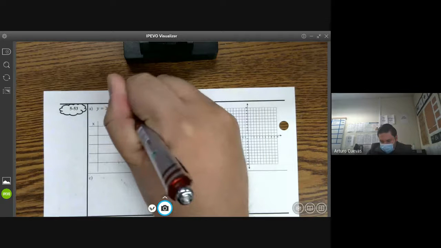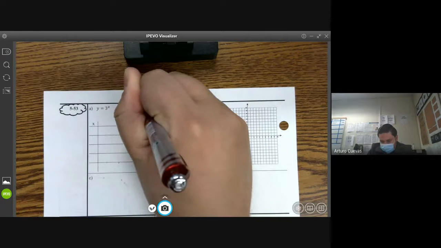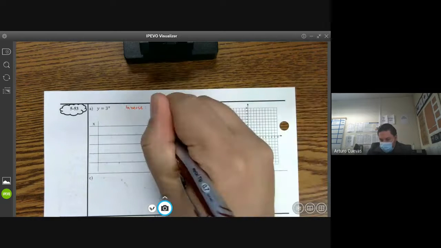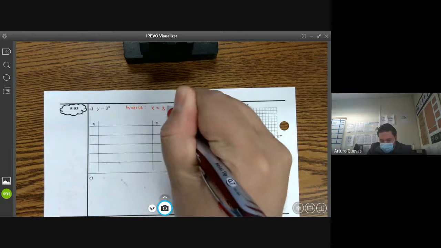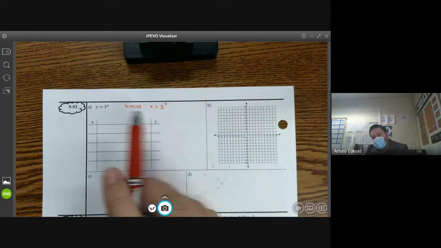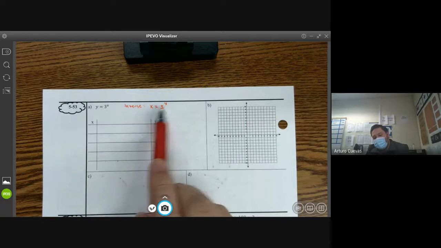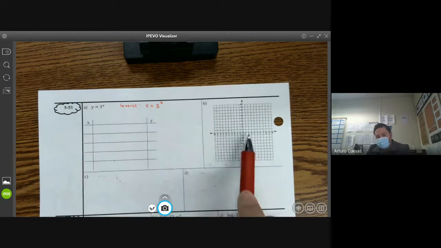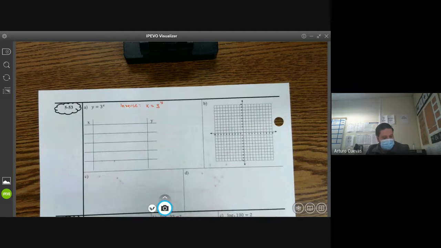So do you agree that the inverse of this is going to be x equals 3 to the power of y? Yes or no? If we flip the x and the y? This is the inverse. So this is what we're trying to graph. We're trying to see what this looks like on a graph.